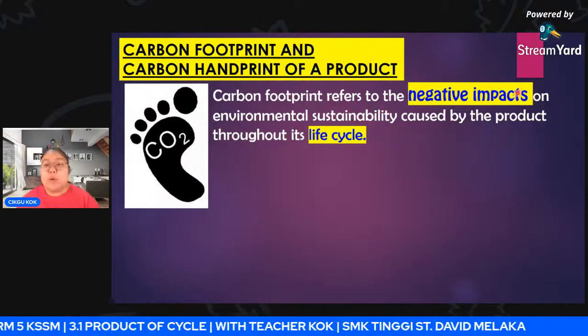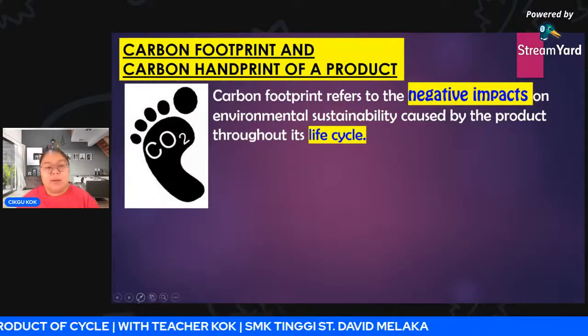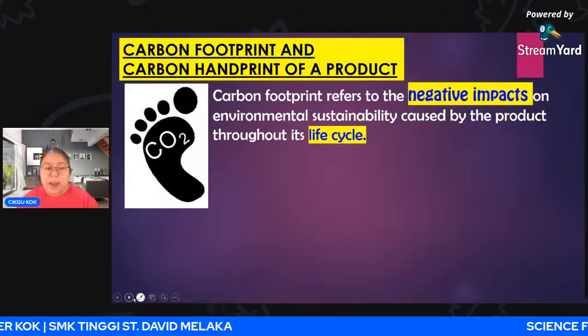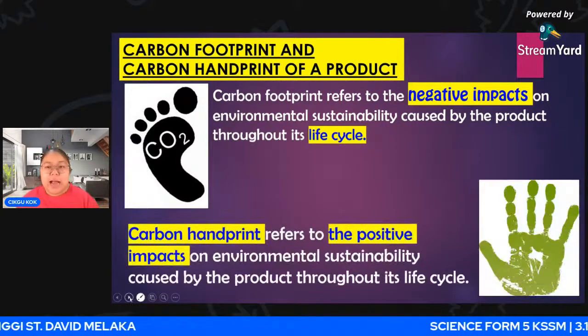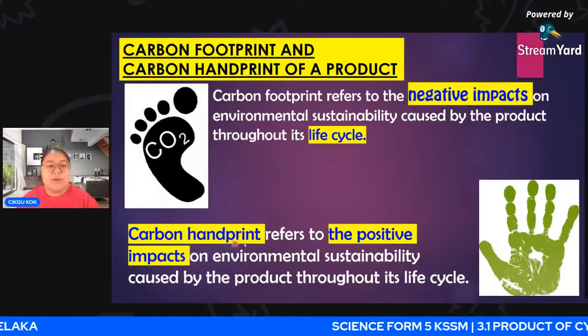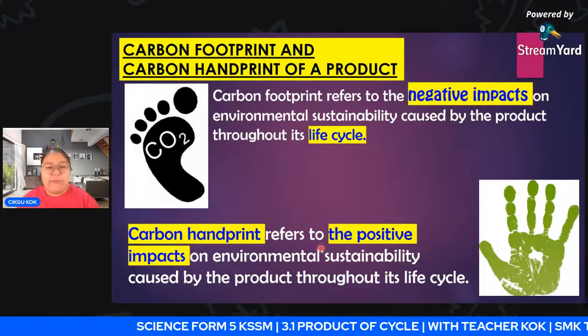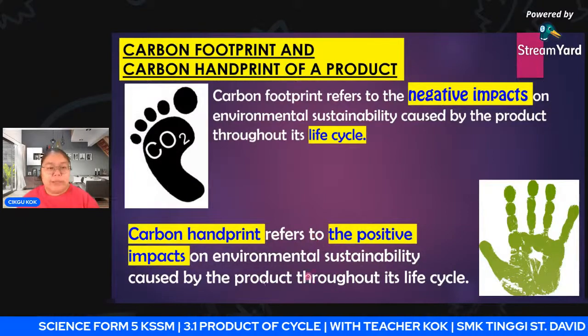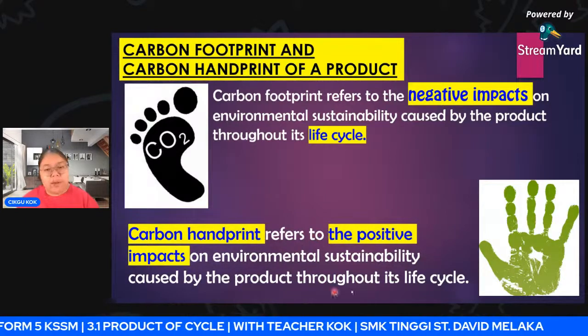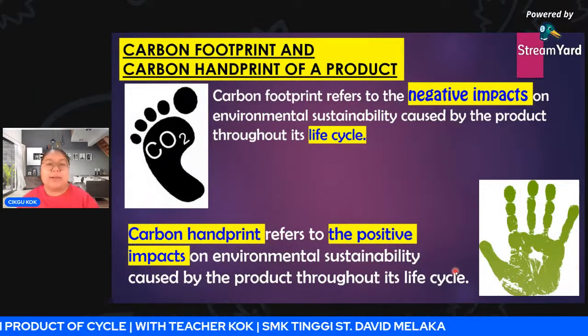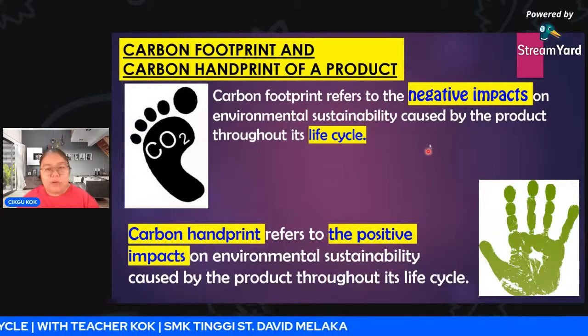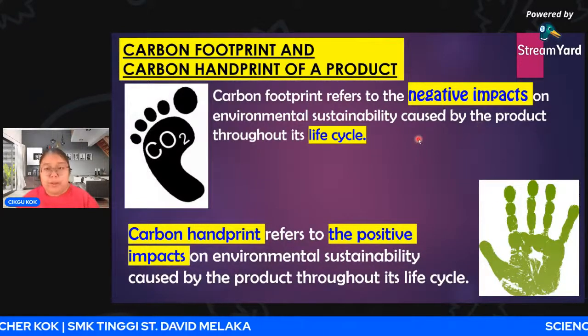The important thing is that it is a negative impact. Now we're using our hands to overcome all this negative impact, so we call it a carbon handprint. Carbon handprint refers to the positive impact on environmental sustainability caused by the product throughout its life cycle. So we use our hands to overcome our footprint effect.